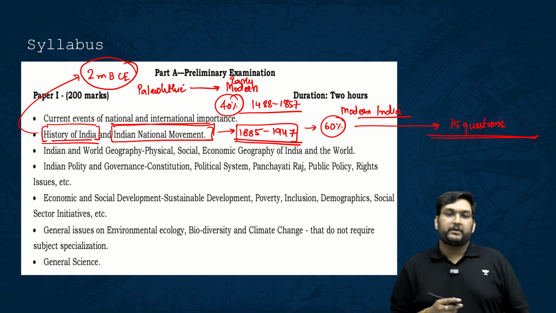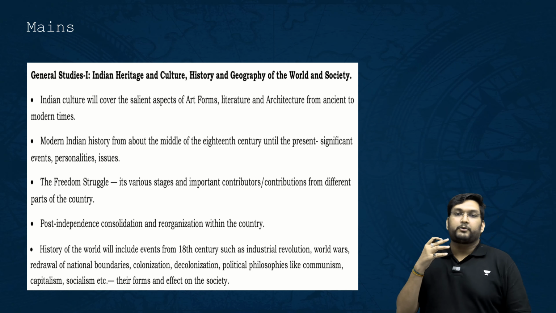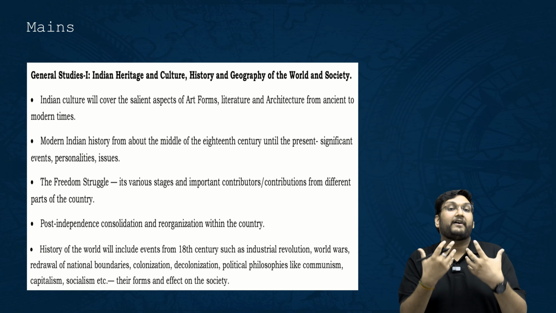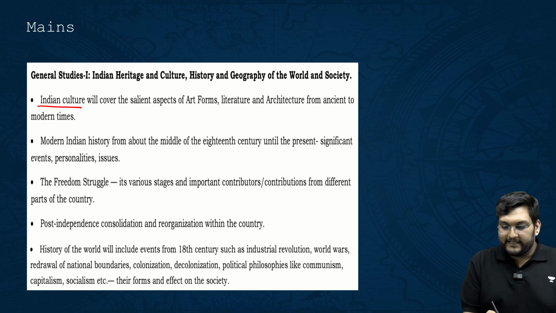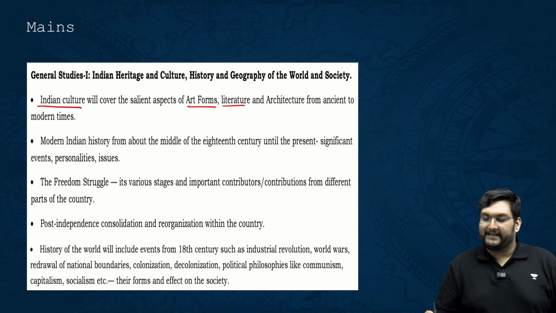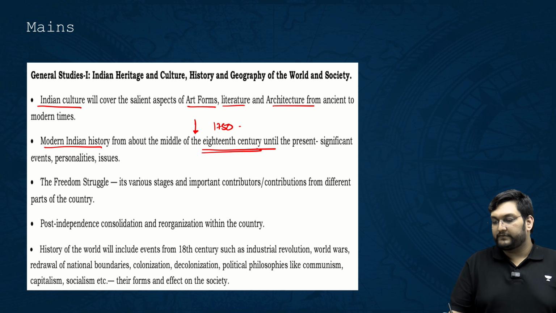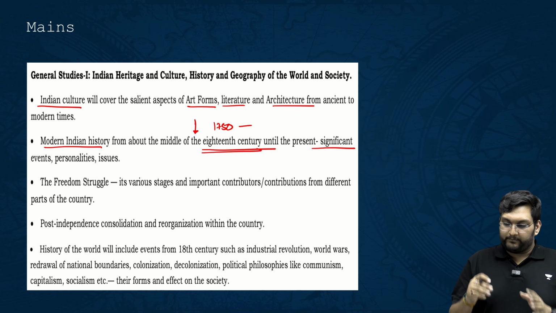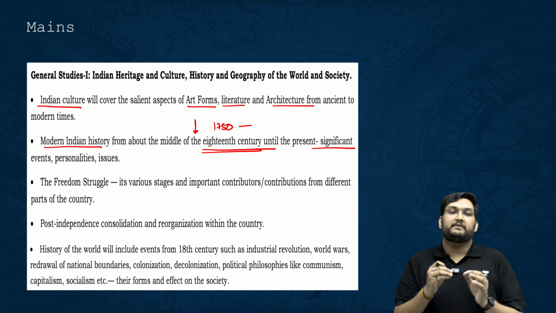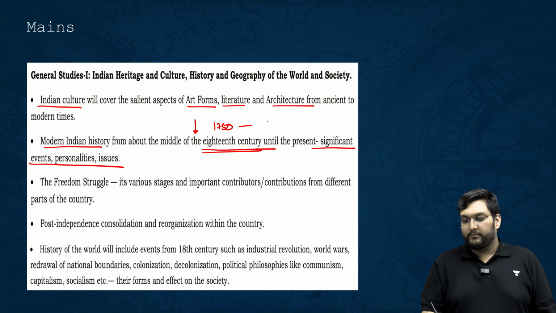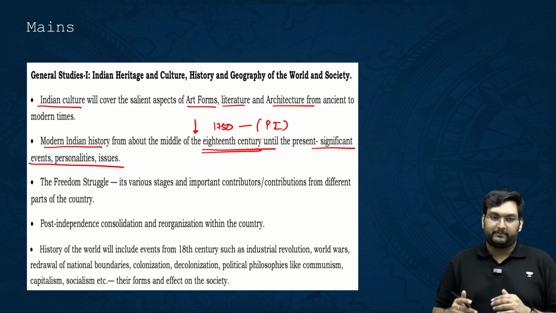However, for GS paper 1, it is more properly what we call defined, wherein Indian culture, art forms, literature, architecture, are straight away mentioned. Modern India, middle of 18th century, 1750 onwards, till present, and significant events and personalities. So basically present would mean including post-independence, which is also quoted separately.